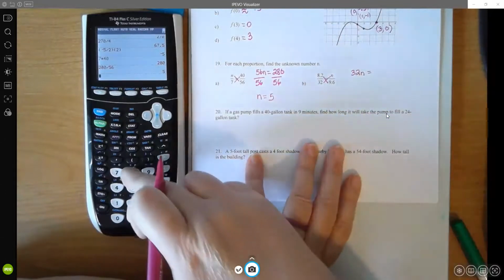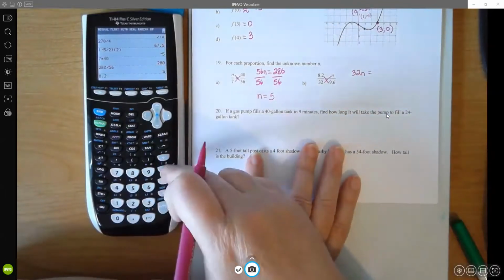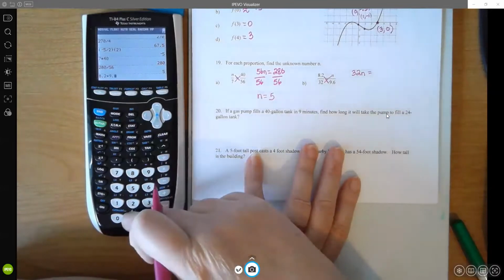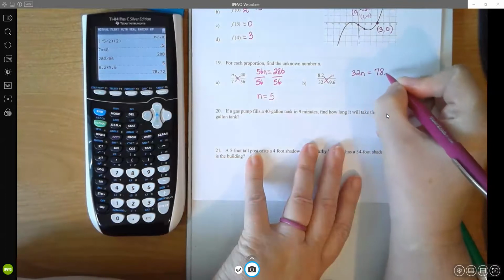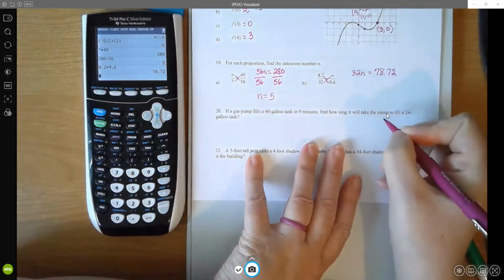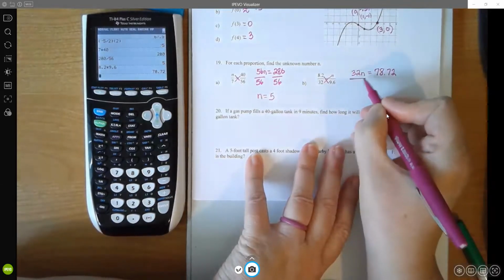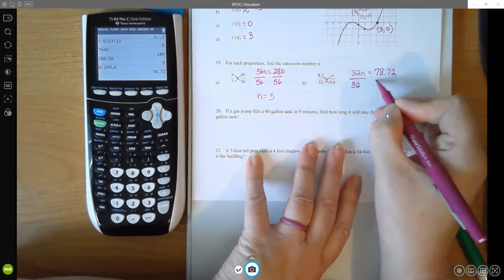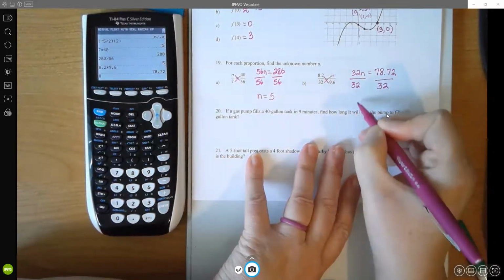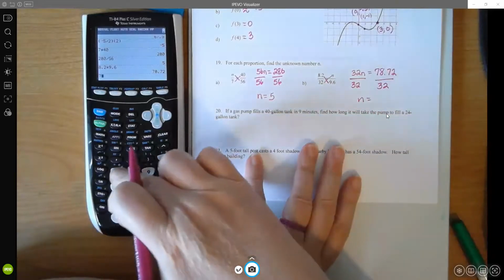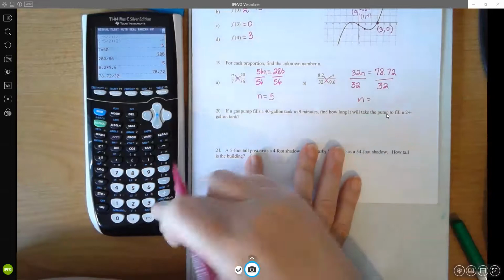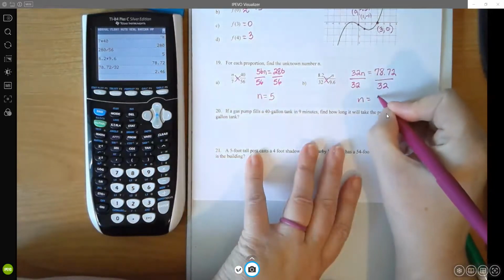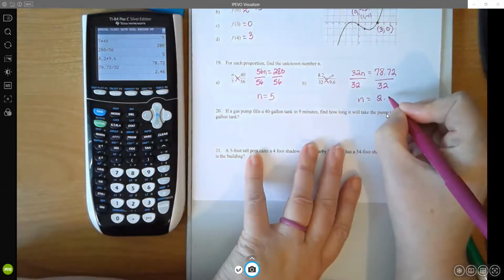And then the other two numbers, which is 8.2 times 9.6, and that gives me 78.72. And then I'm going to divide both sides by 32. And n equals 78.72 divided by 32. And that gives me 2.46.